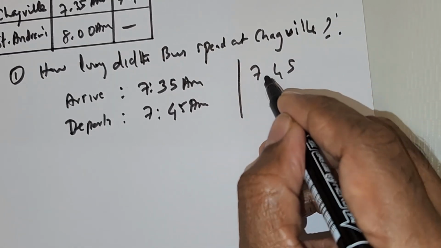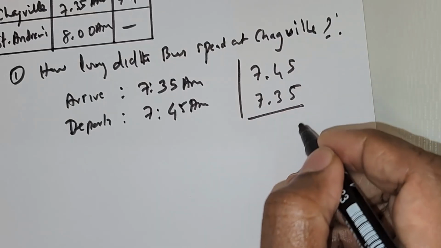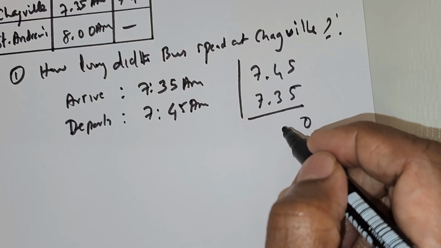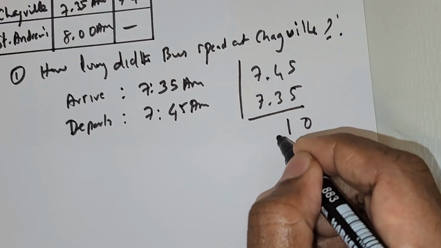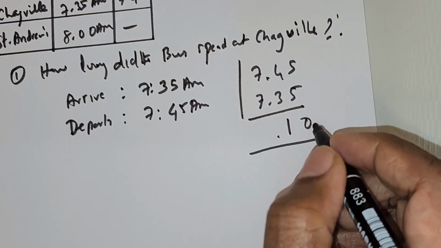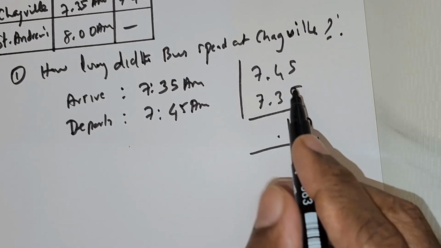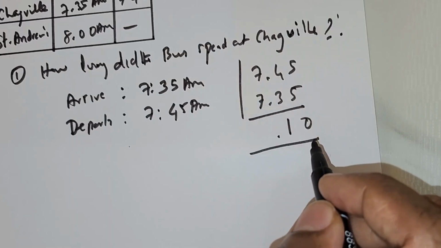Take 7:45. From 7:45 you take away 7:35. 0. Now from 4 you take away 3. That's 1. And 7 gets cancelled. So you have 10. And when you're writing, this is actually 7 hours 45 minutes minus 7 hours 35 minutes.